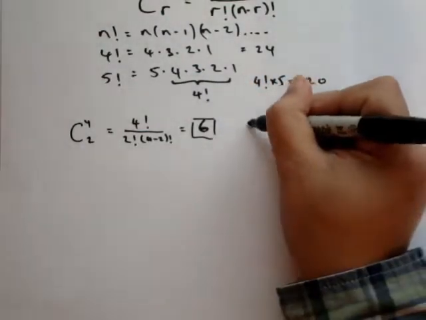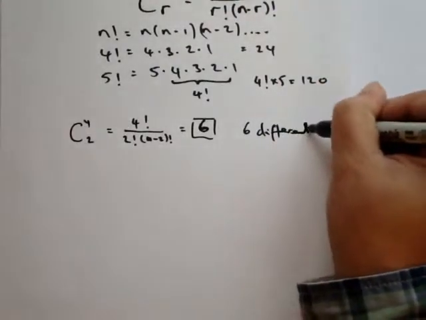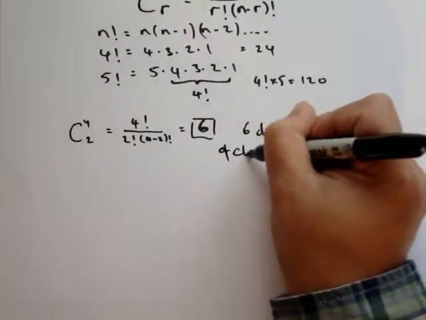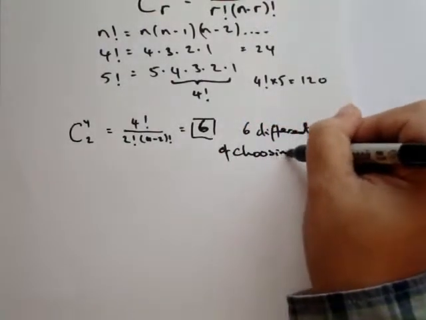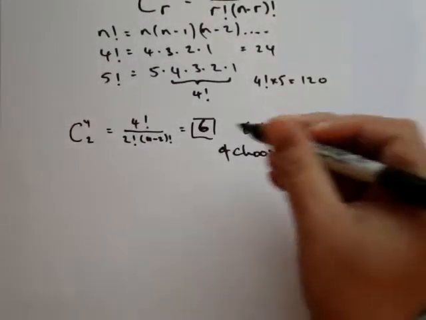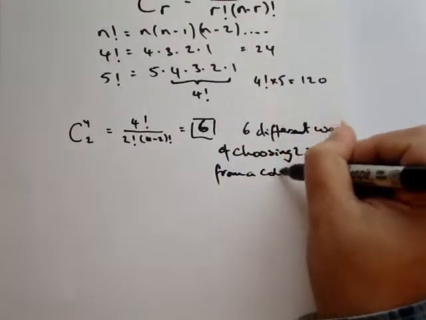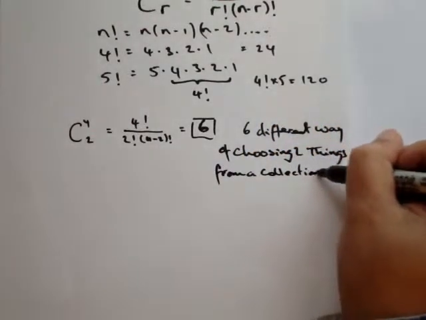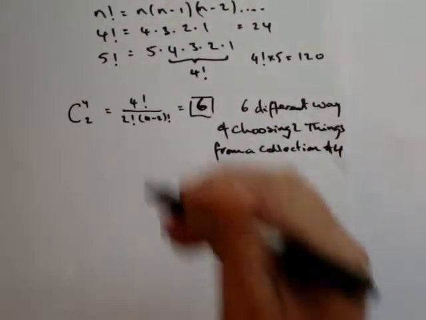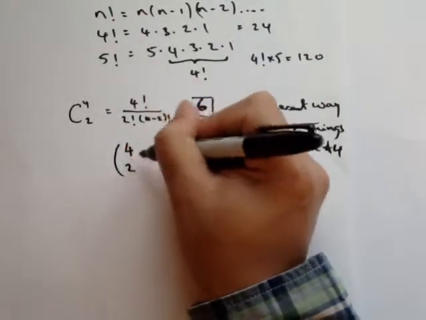So this means there are 6 different ways of choosing 2 things from a collection of 4. Sometimes in some textbooks they write this as 4, 2.